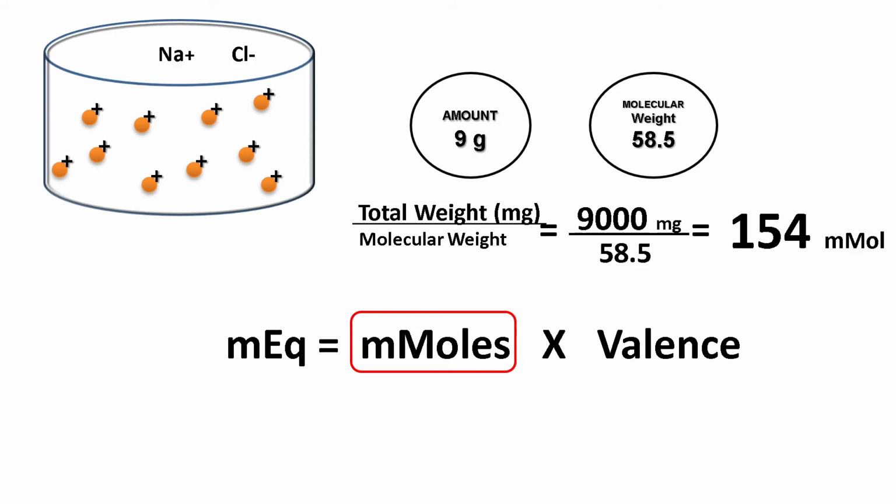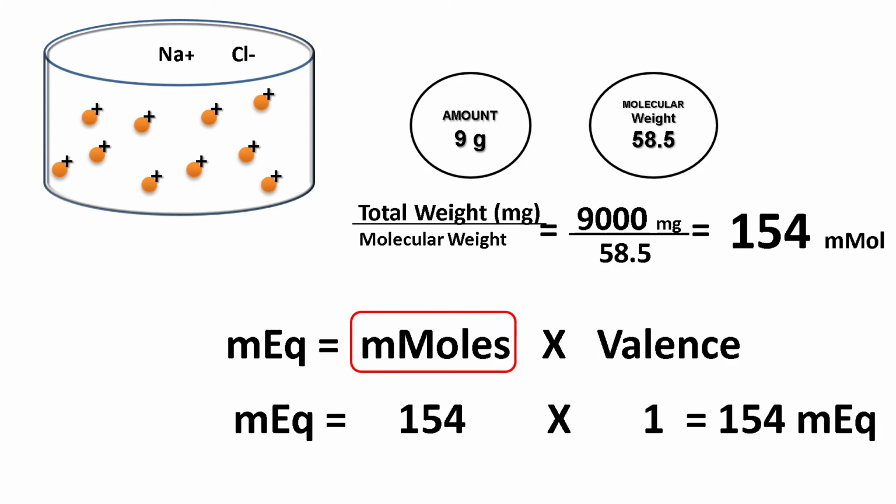Now let us convert the millimoles into milliequivalent. We know milliequivalent is equal to millimoles multiplied by the valence. Here, we know that there are 154 millimoles of sodium chloride. The valence of the salt sodium chloride is 1.